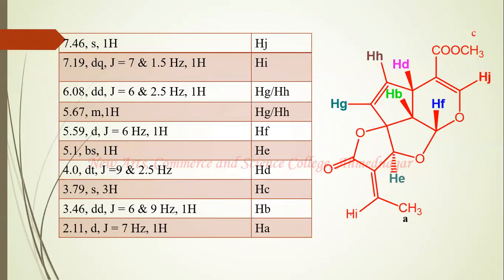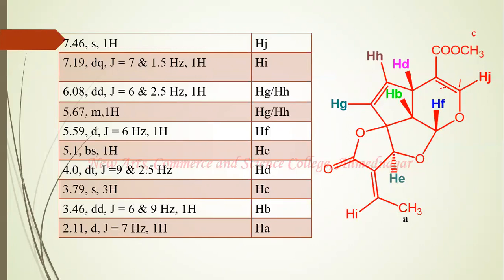Again, among these two, the Hj proton will be more de-shielded because the carbon atom is attached to an electronegative oxygen. Oxygen will decrease the electron density on this carbon atom, and it is going to de-shield the proton.